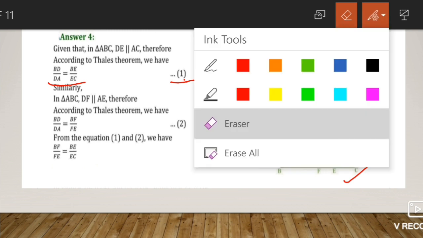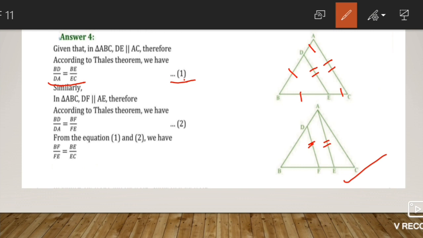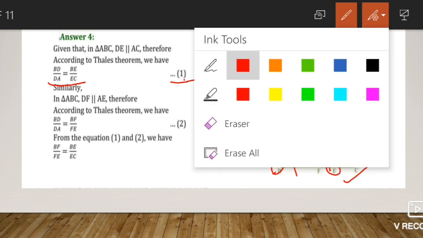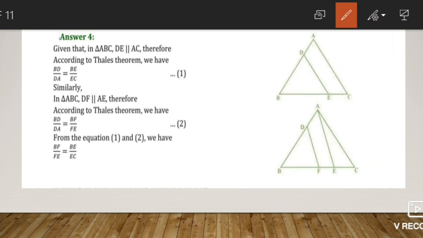Now since DF is parallel to AE, from the triangle ABE, you can say that DF is parallel to AE implies that BD by DA is equals to BF by FE. Okay, so let me explain it again.